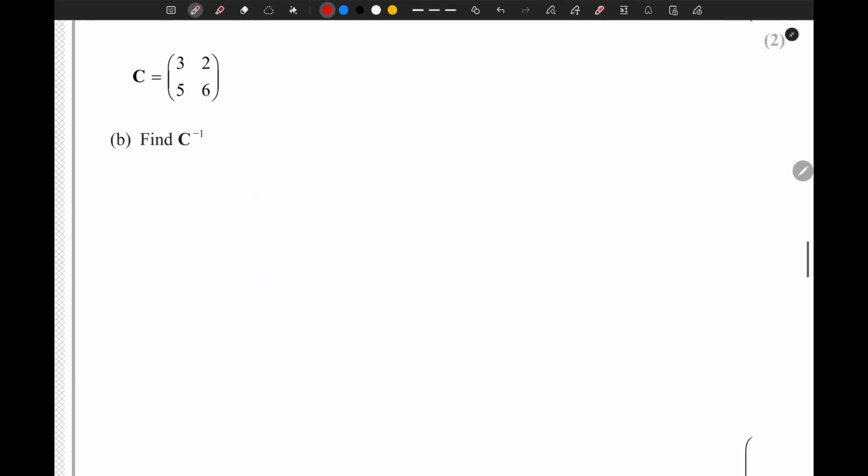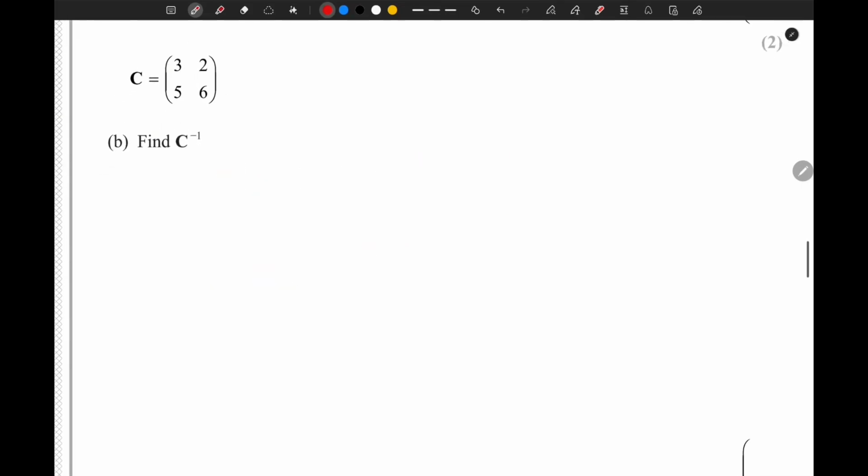Now in the next part, we need to find the value of the C inverse matrix. So the rule is simple. You have to multiply by 1 over 3 times 6 minus 5 times 2. So 3 times 6 minus 5 times 2. And you need to flip these two values. So that's 6 and 3.